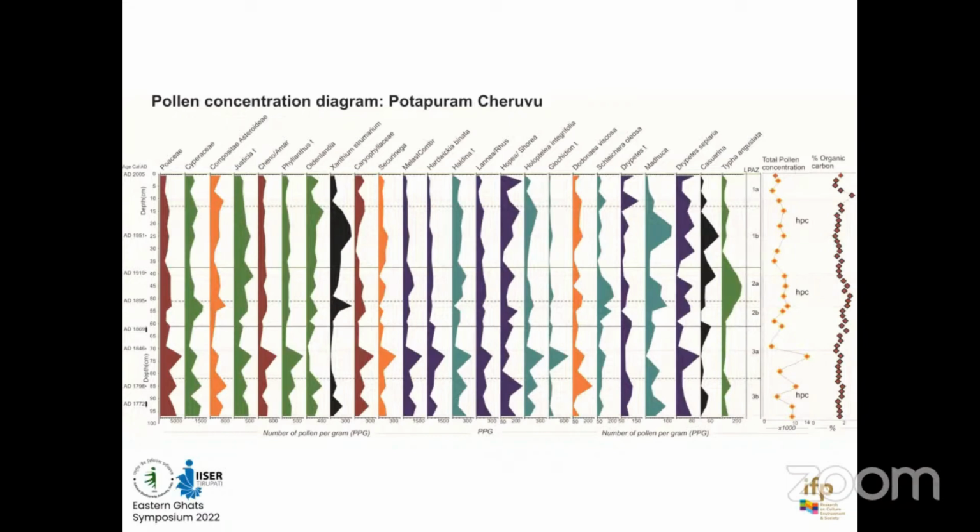But here, for example, what we saw with the pollen concentration diagram was that when we summed all the forest taxa, there was a slight increase on the top, which was a bit surprising. But you also see that one of the key disturbance markers, Xanthium, has also increased quite a bit on the top, which means in the more recent times.